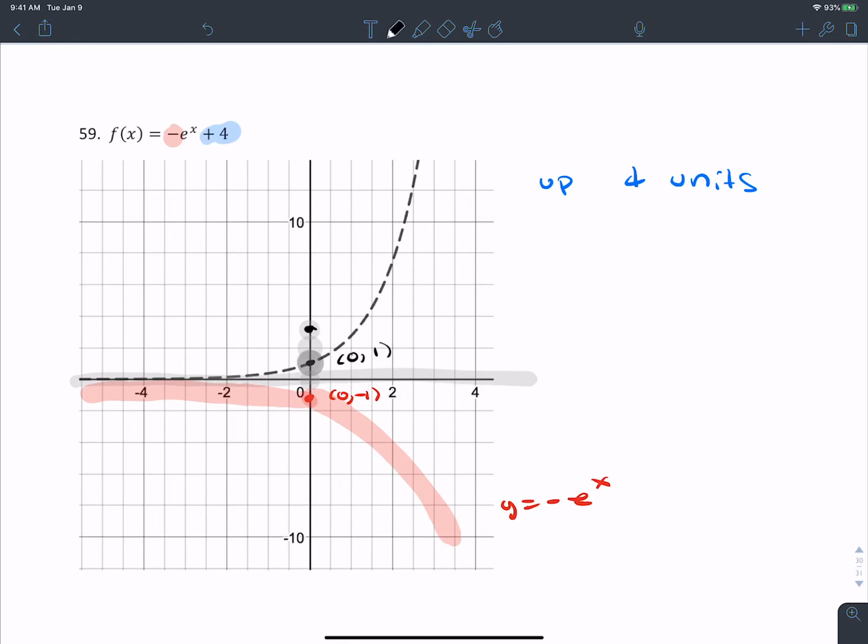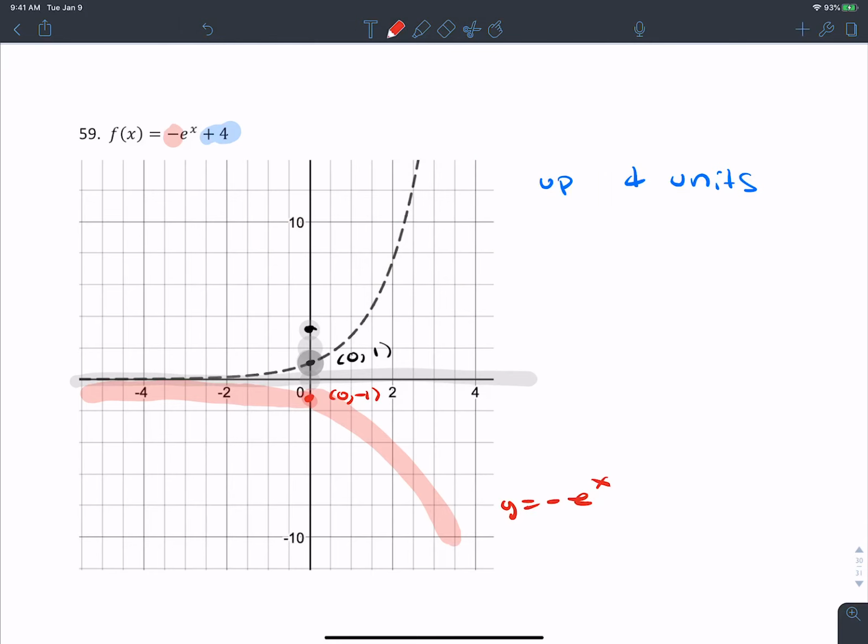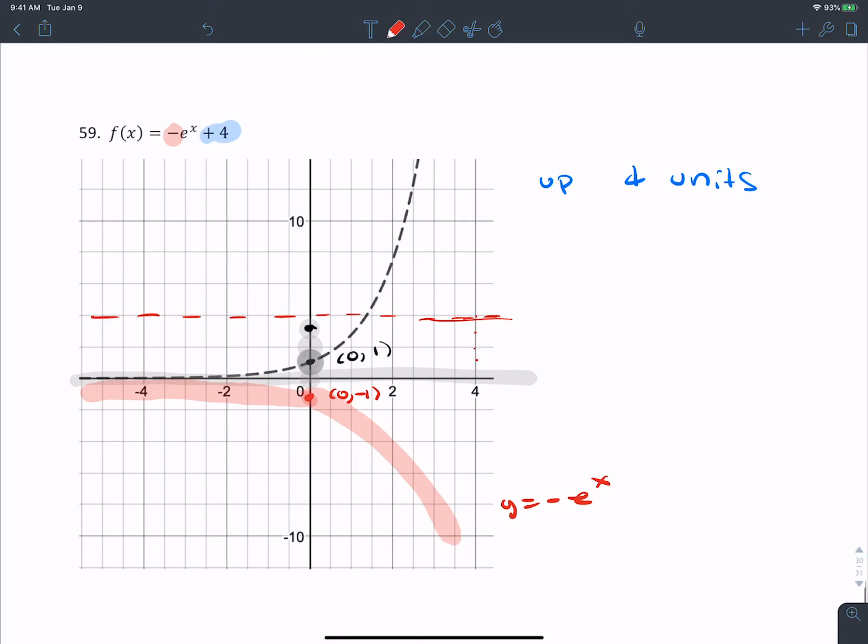Since we're shifting up 4 units, we have to shift up 4 units our x-axis. So this is 1, 2, 3, and 4. So my new x-axis, be careful, is this line here. And that's the line y equals, well, it's kind of doing something funny. Y equals, looks like that'll be 4.